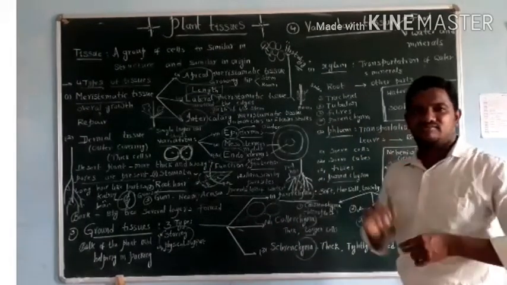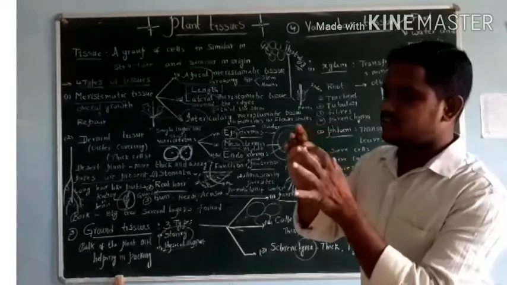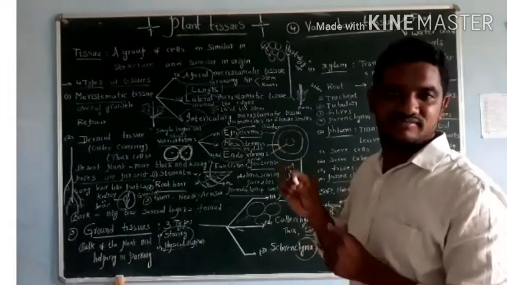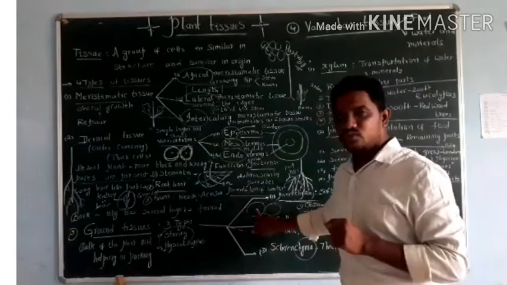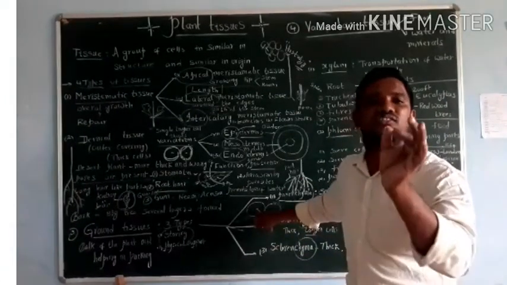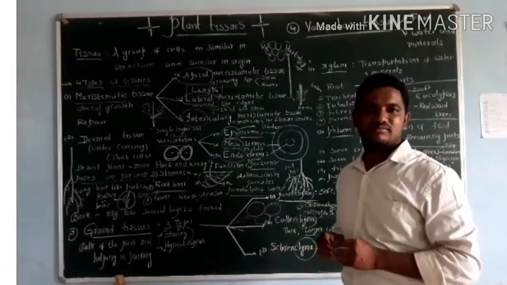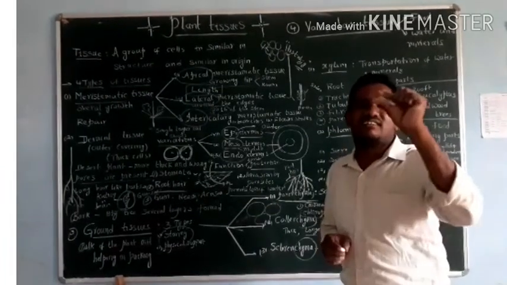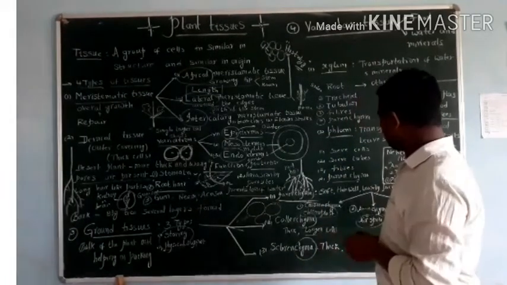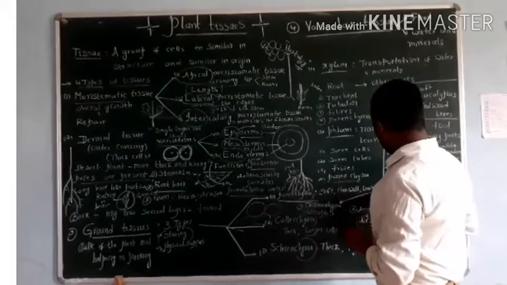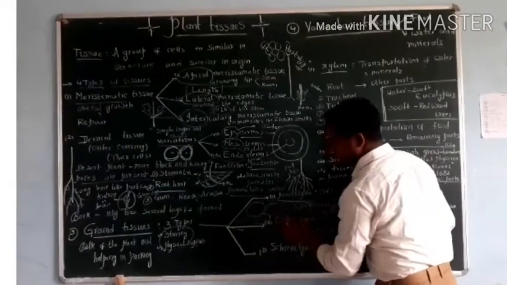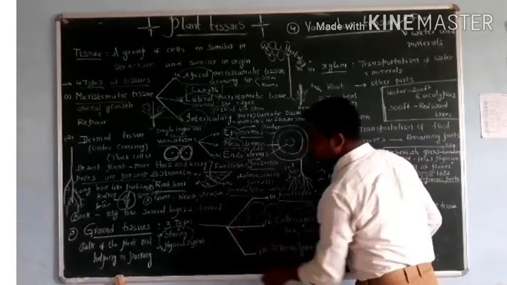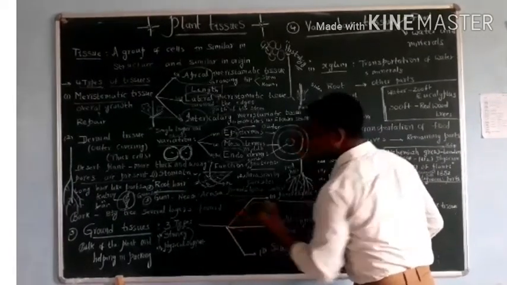Soft and thin. For example, see a chalk piece. The outer membrane is very soft and smooth. These cells are also smooth and soft, and the outer layer is very thin. Next one, loosely packed. One cell is here, another cell is here.